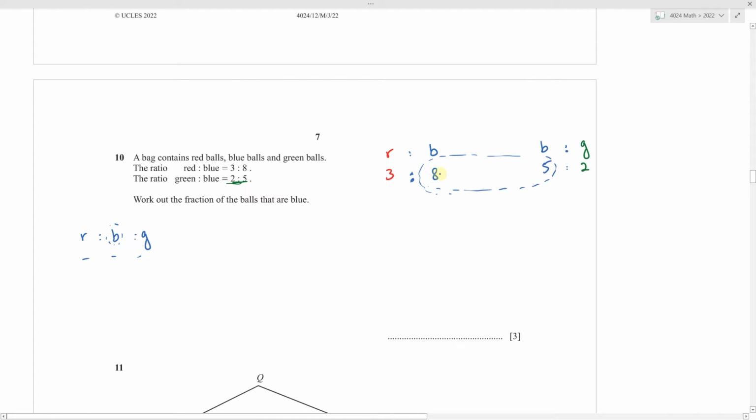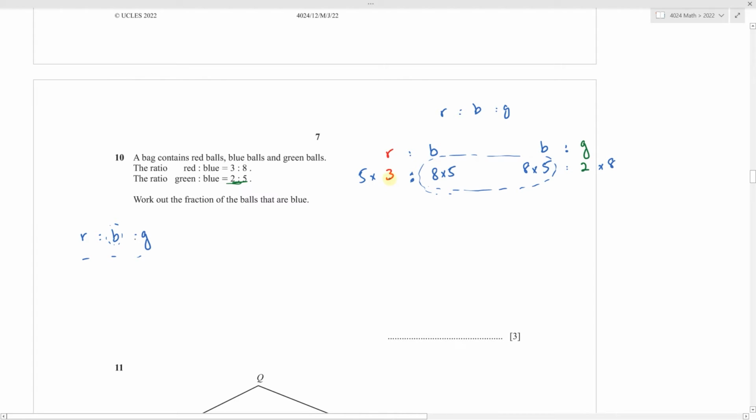If I can make these two numbers similar, I can write this as red ratio blue ratio green if blue is the same here as well as here. So that means calculating the LCM. So 8 and 5, the LCM will be 40, 8 times 5, because they do not have any common factors. So I'm multiplying this by 5. That means I need to multiply this by 5 as well. And this is being multiplied by 8. So this will be multiplied by 8 as well.